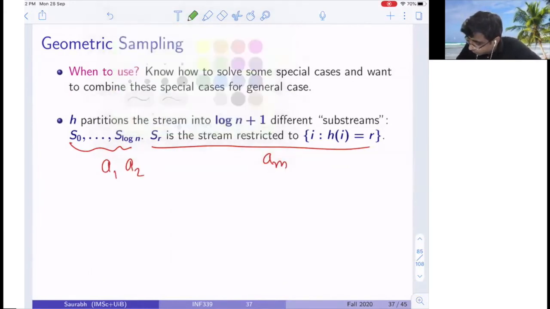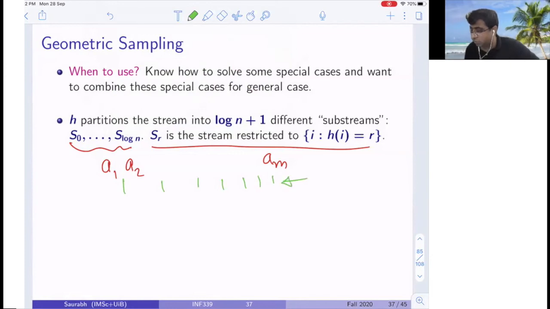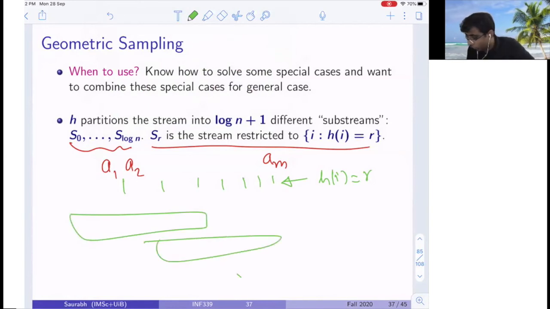Now you pick out those items whose least significant bit is R. For each of them, there is some least significant bit, from 0 to log n, so it will partition into log n different substreams. They're not continuous, right?